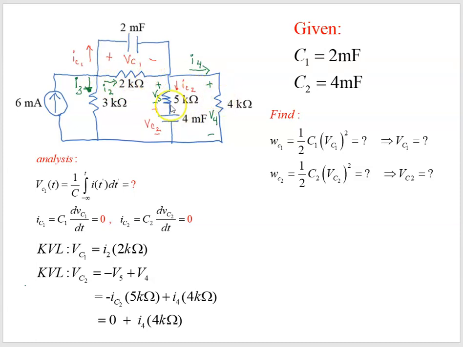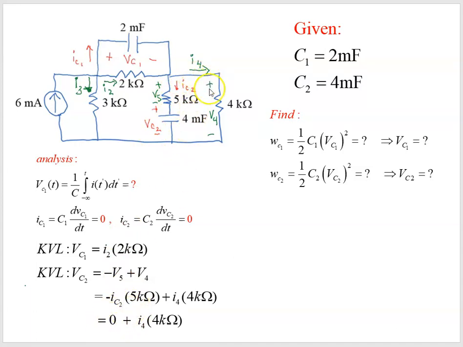The voltage across capacitor 2, again with a KVL, we can say this voltage in this downward direction is equal to negative V5 plus V4. V5 is IC2, this downward current, times a 5 kiloohm resistor, but that current is 0. So V5 is just equal to 0.